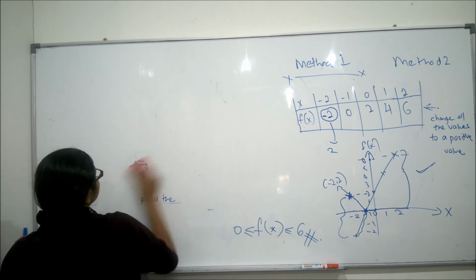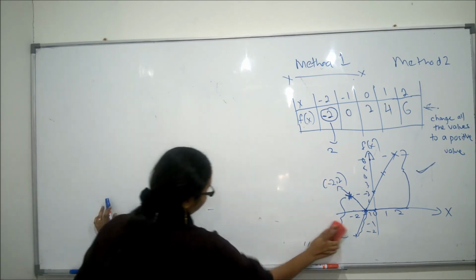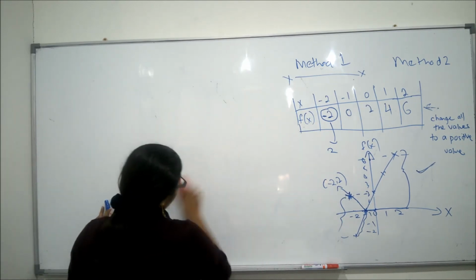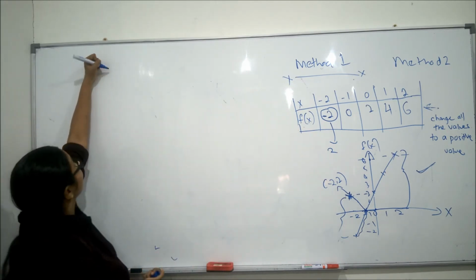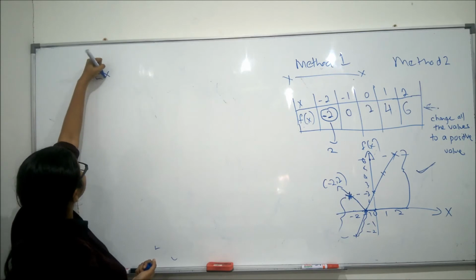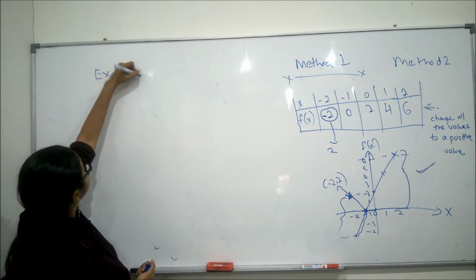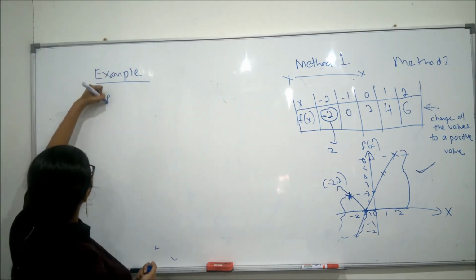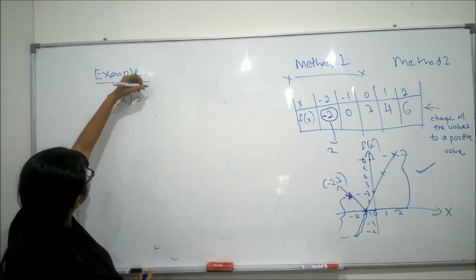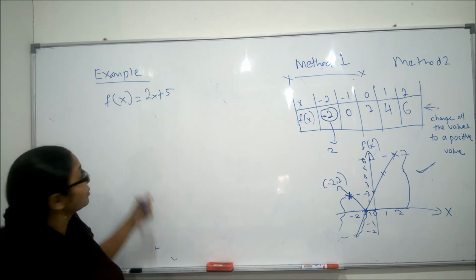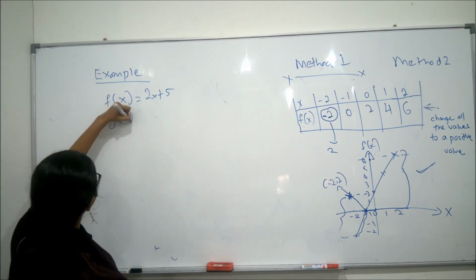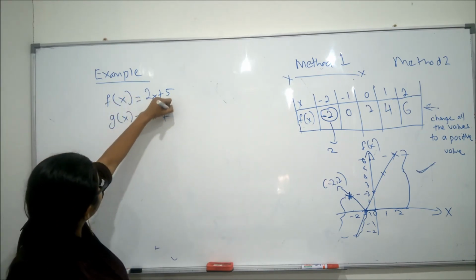We call this composite function. Okay? I would personally name it function inside function. Say for instance, you are given two functions. fx is equivalent to 2x plus 5. gx is equivalent to 3x plus 7.